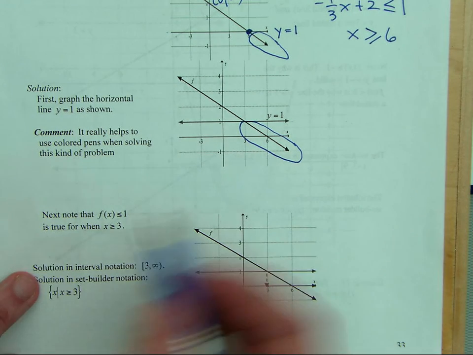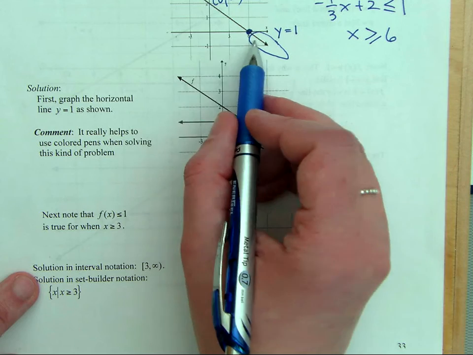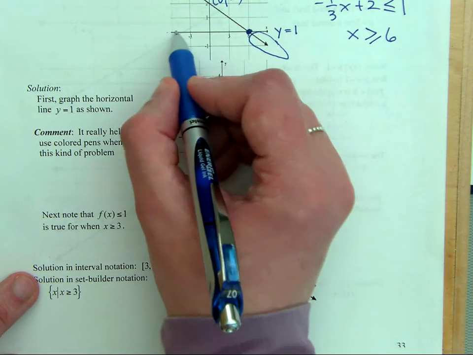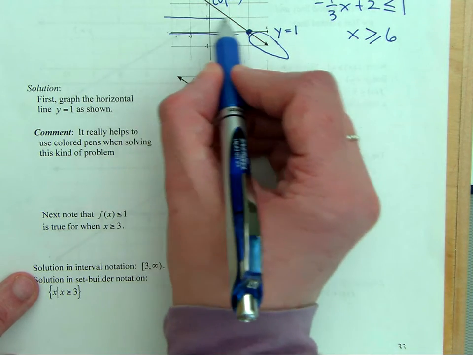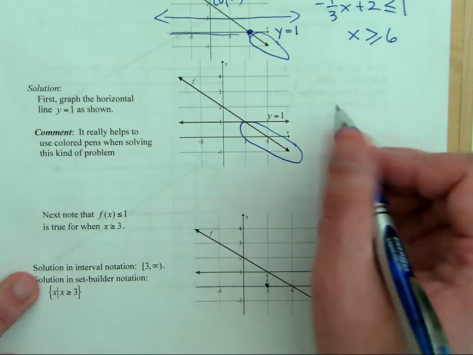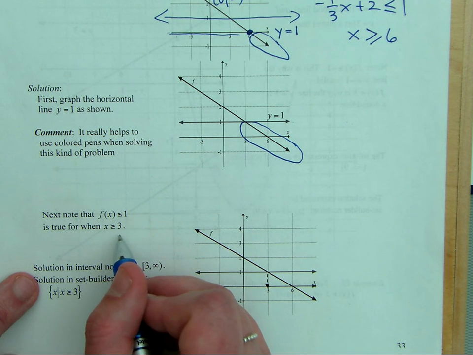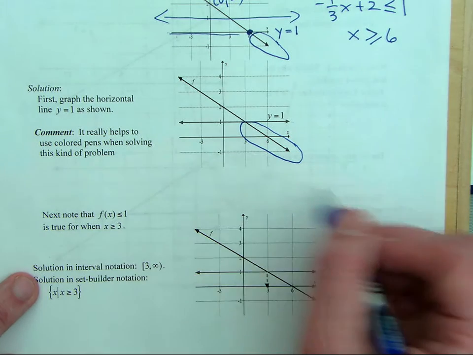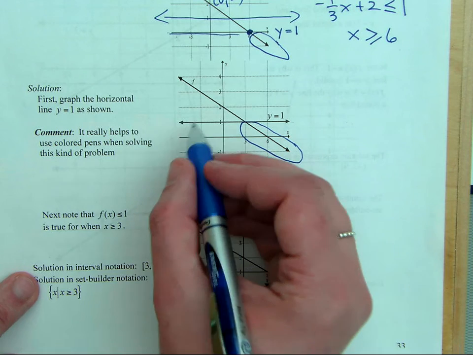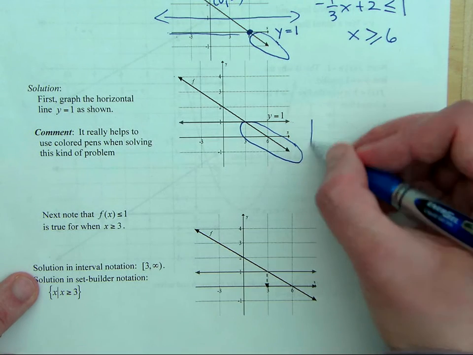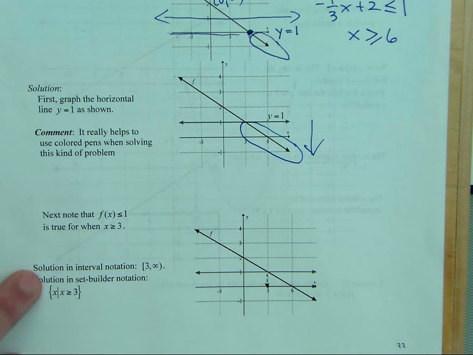So actually I said, because I'm looking at, oh, I see, I was looking at the y-axis instead of, here it is, y. So we can see that for x is greater than or equal to 3, that's when we're below the line. Because we want to see when f of x is below or less than y equals 1.